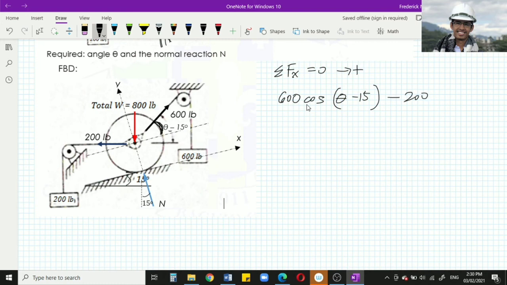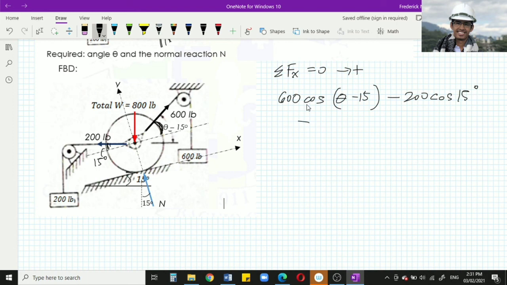So ito magiging 15 degrees din ito. So yung angle dito will be 15 degrees din, kasi naka horizontal siya, and yung ating x-axis is parallel dun sa ating inclined surface. So that will be cosine 15 degrees.